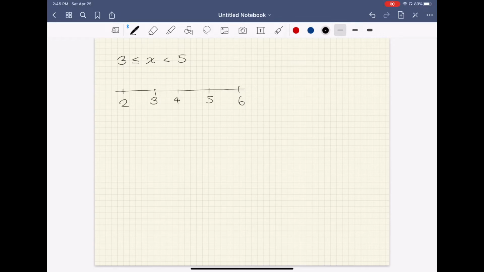Now we notice that the first inequality sign is less than or equal to. So that means the boundary point 3 will be a closed circle. Whenever it has an equal sign, it's a closed circle. So you shade the circle. And x is less than 5. Less than does not have an equal sign. So it means that your boundary point will be an open circle.